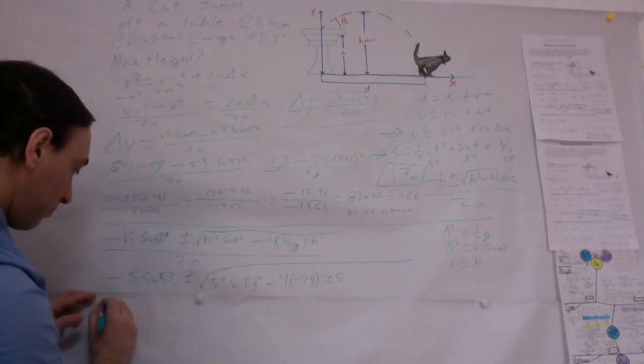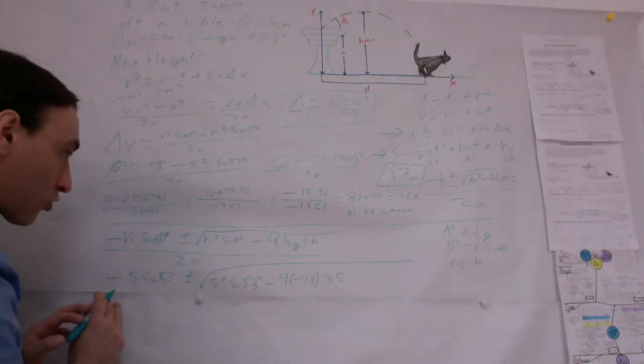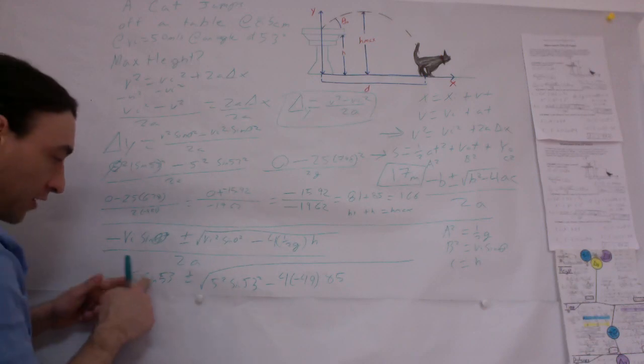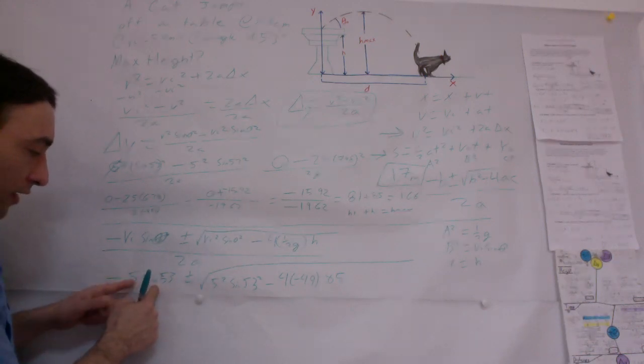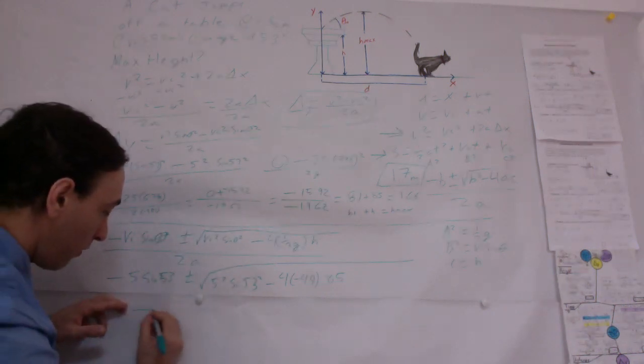Now from there, all you have to do is continue solving. Sin 53 becomes 0.798. 0.798 times 5 becomes 3.99. Let's round that up to negative 4.